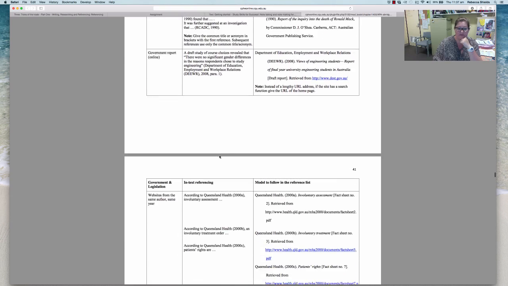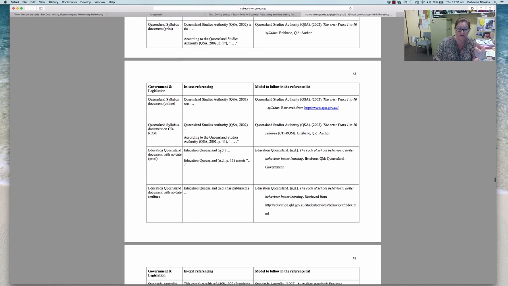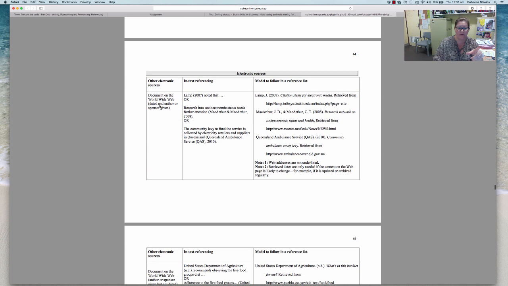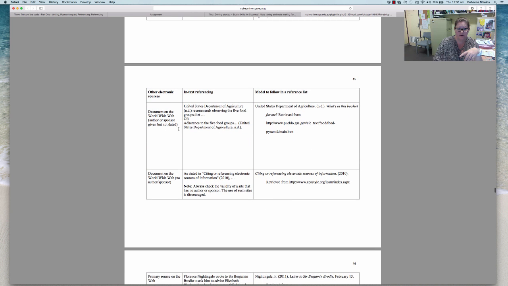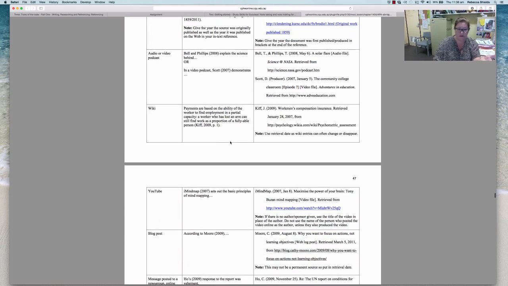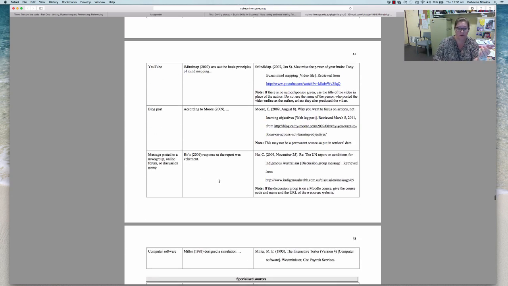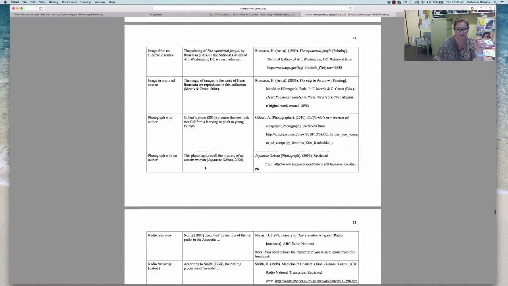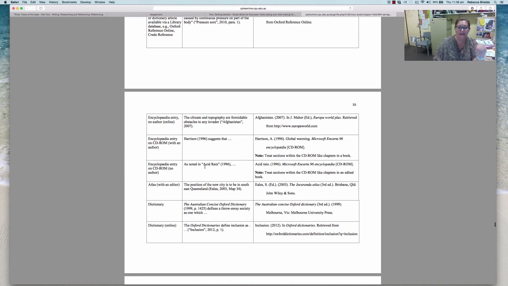Government publications, government reports, websites, syllabus, legislation, documents on the World Wide Web with dates and authors and sponsor given. Then if it's got no sponsor, or it's got a sponsor but not dated, wikis, YouTubes, blog posts, messages, you name it, magazines, newspapers, online newspapers, and the list goes on. Please use this, and if you're unsure about this, then contact me, and I can step you through.